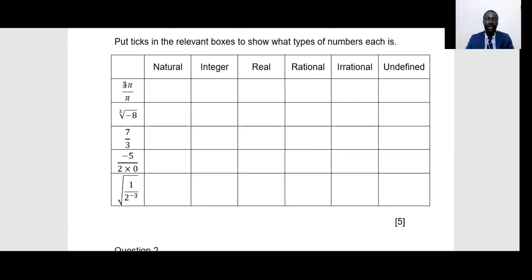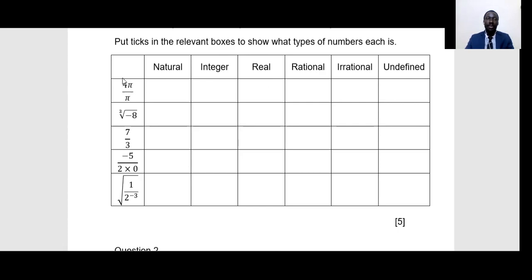If we notice that 4 pi divided by pi is an integer, we put a tick inside this box. Or if 4 pi divided by pi is a real number, then we put a tick in this box. Just like that, until we reach the last box.